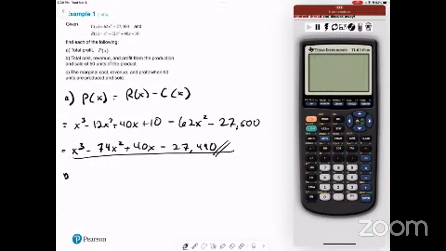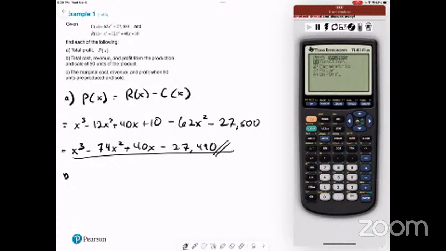So we want to calculate cost, revenue, and profit from the production and sale of 50 units. So I'm going to call on our cost function. We're going to let x be 50. We get this result. I'm going to call on my revenue function.